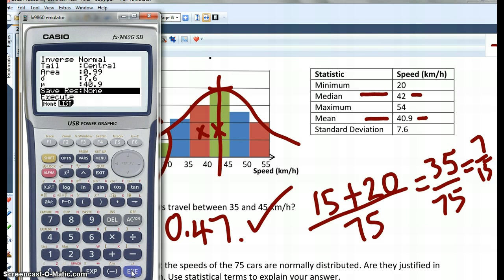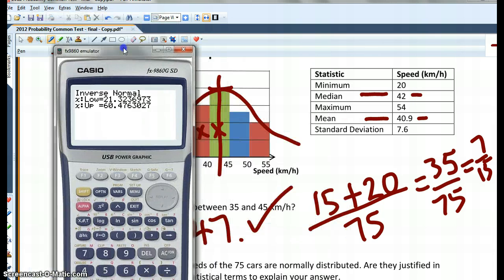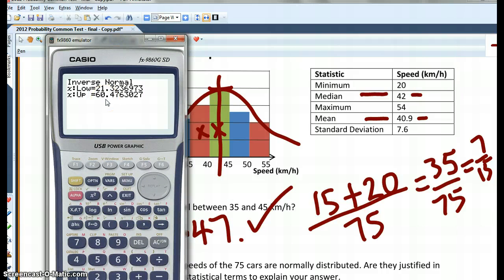Hit execute, and you've got between 21 and 60, so 99% of the data is between 21 and 60. You can see that somebody was going 20 but no one was going 60, so that's where you get your skewness. So it's not your standard normal distribution.